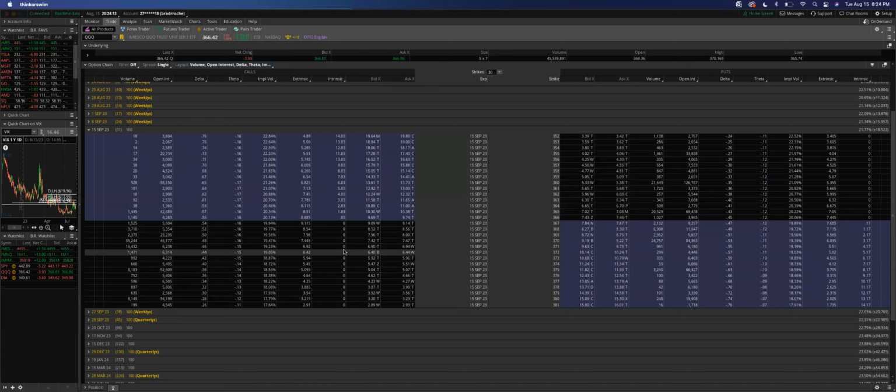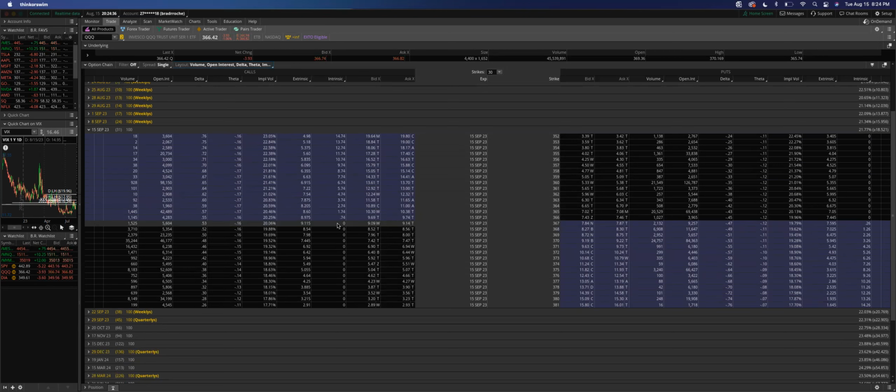All these contracts are is you're getting a contract to have the rights to shares at a certain price, whether that's 367, 366, 365, 364, and so on. So now that's what you can look at.